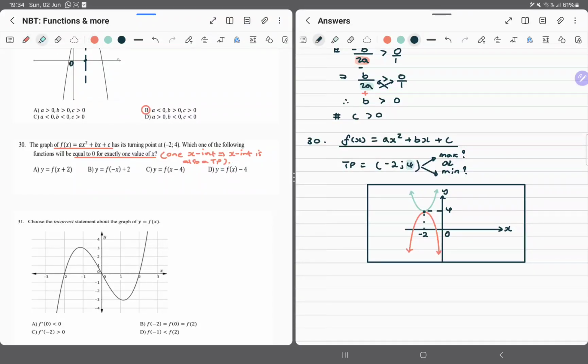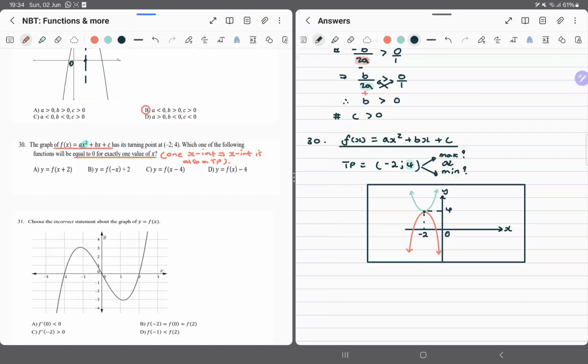Because for a parabola, remember, the highest degree power here is 2. So for us to have only one root, because when we say it is equal to 0, this is essentially saying at the x-intercept. So when we're saying one value of x, we have to do something about our graph so that we only have one root, meaning the x-intercept must also be the turning point.